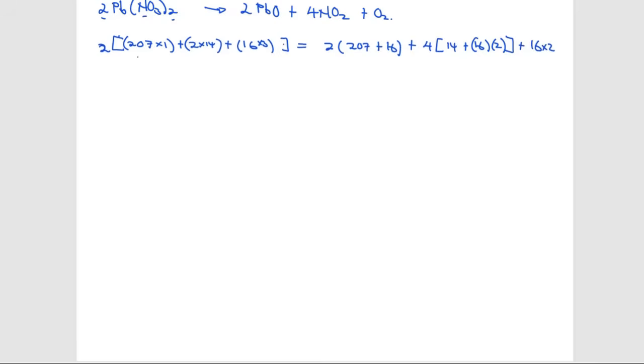So if we do our math, on my left hand side I'm supposed to get 207 plus my 124, which is equivalent to, on my right hand side, according to my math, a value of 446, then plus our 184, then plus our 32.